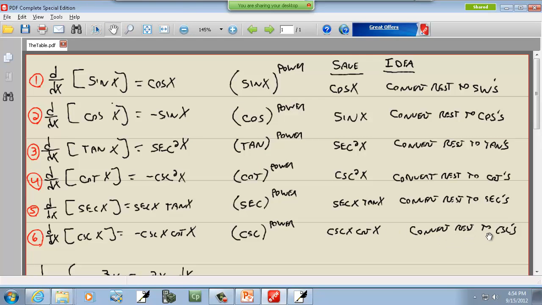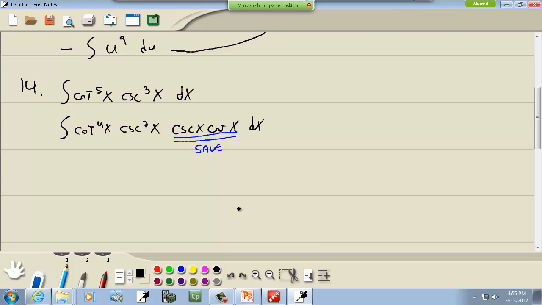Cosecant cotangent, convert the rest to cosecants. So this is already cosecant, so we have to work with cotangent to the 4th. Now first thing I'll do is rewrite that as cotangent squared times cotangent squared, cosecant squared, and then the save part, cosecant cotangent dx.